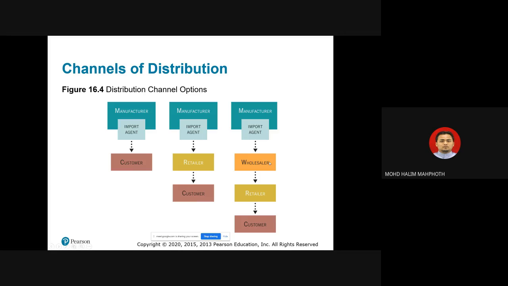Or the longest one, we have the wholesaler, then the retailer, and at the end of the day the customer receives the product. That is the kind of distribution channel when it comes to international marketing.